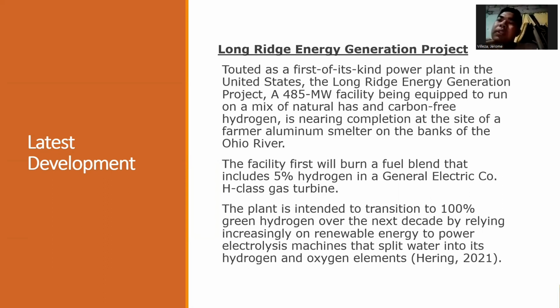The facility will first burn a fuel blend that includes 5% hydrogen in a General Electric H-class gas turbine. The plant is intended to transition to 100% green hydrogen over the next decade by relying increasingly on renewable energy to power electrolysis machines that split water into hydrogen and oxygen elements.